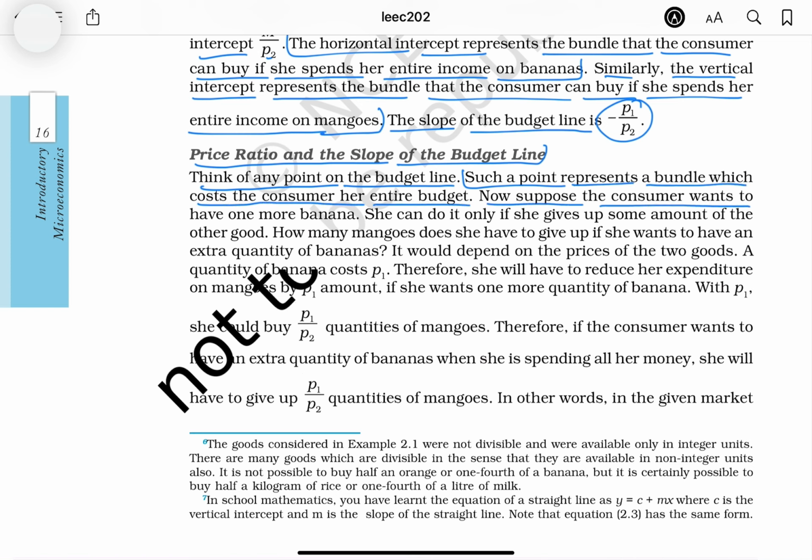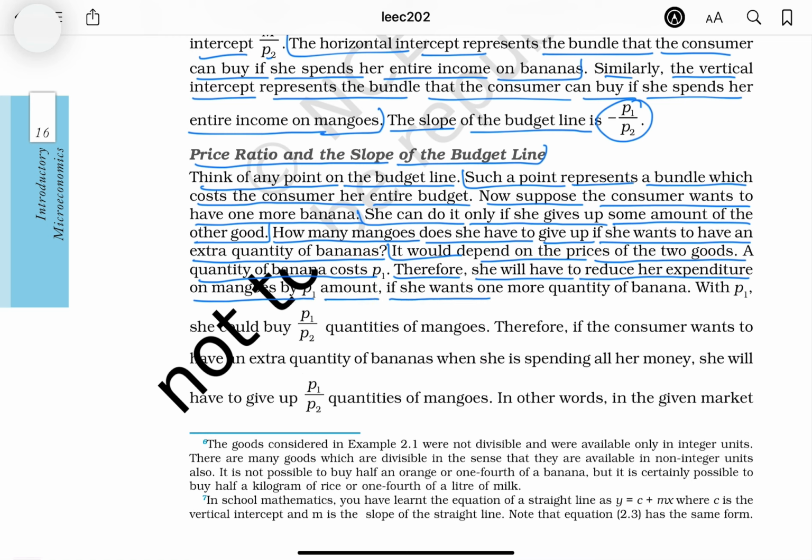Now suppose the consumer wants to have one more banana. She can do it only if she gives up some amount of the other good. How many mangoes does she have to give up if she wants to have an extra quantity of bananas? It would depend on the prices of the two goods. A quantity of banana costs P1, therefore she will have to reduce her expenditure on mangoes by P1 amount.